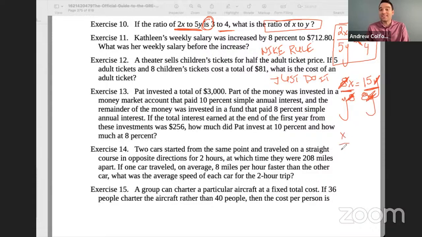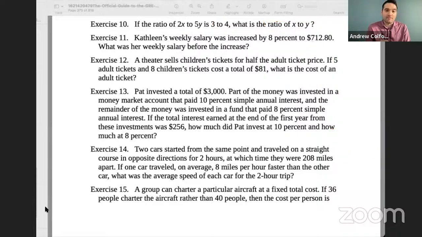And so what I get is x over y equals 15 over 8. Let me know if that's okay, Laura. Excellent.